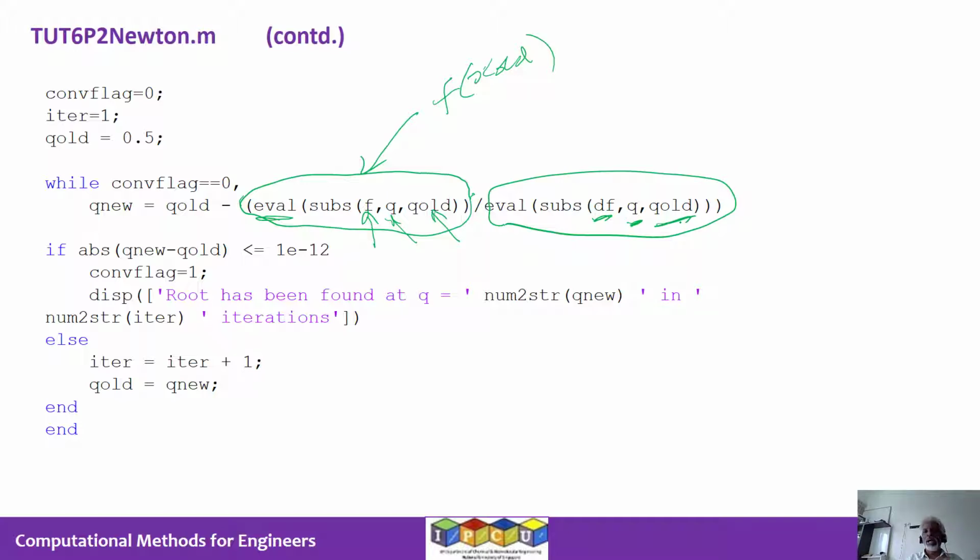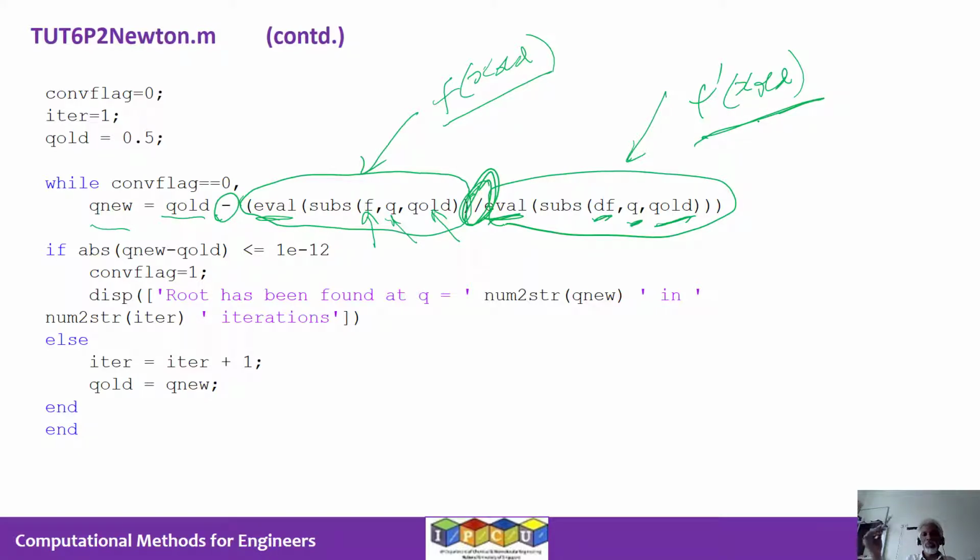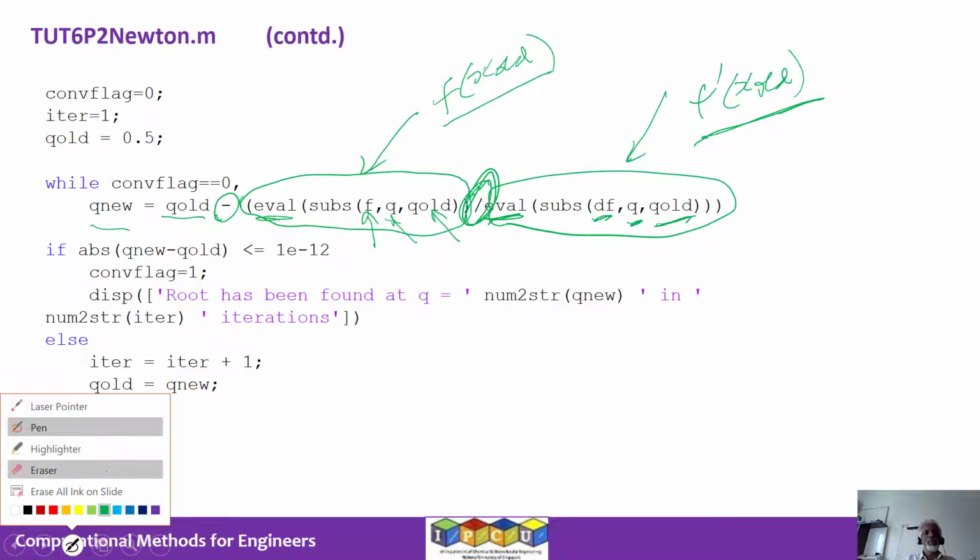And even then, to make sure you get a numerical outcome, you use the eval command. So this part computes f dash x old, the derivative at the current value of x, and this is the division that you see there. So x new is x old minus function at x old divided by function derivative at x old. That's how you compute the new value for q.